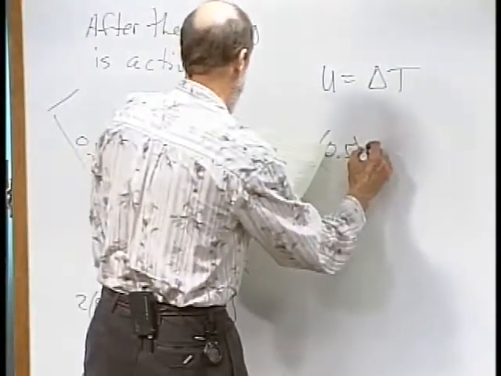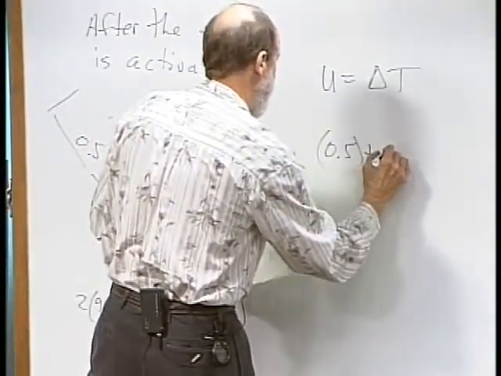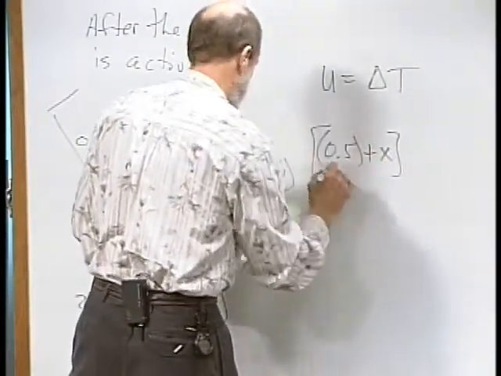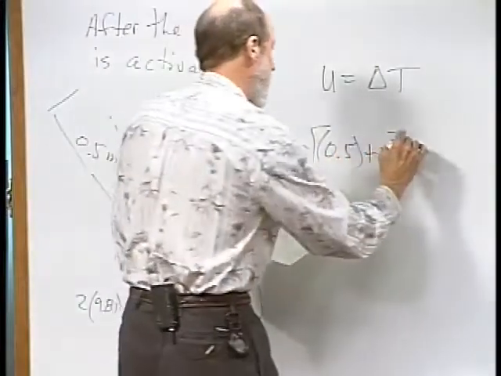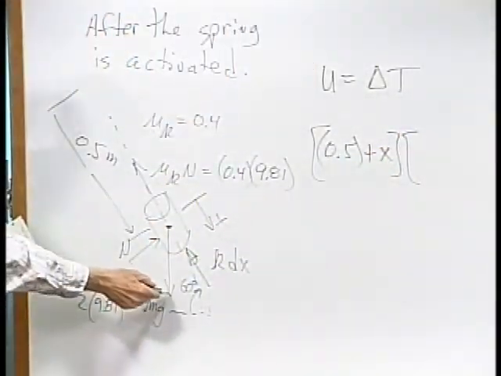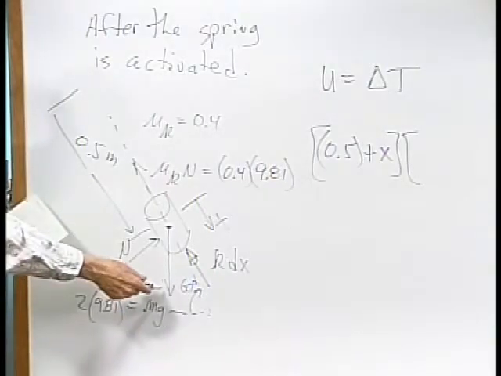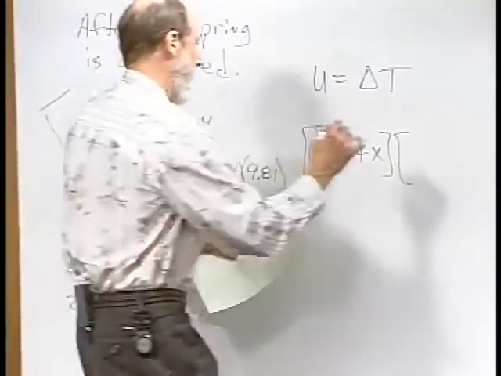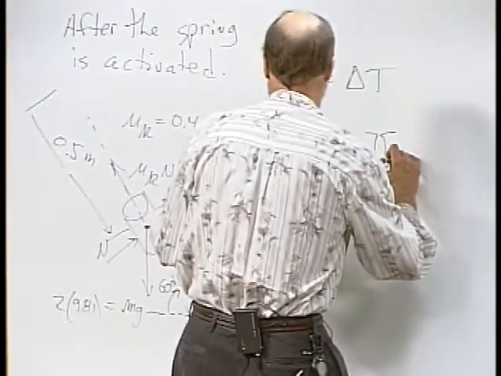So we have 0.5 plus some x, and that's going to be times the component of the weight minus the friction force. I'll just go ahead and write the generalized term here.